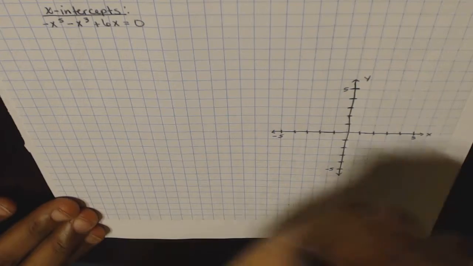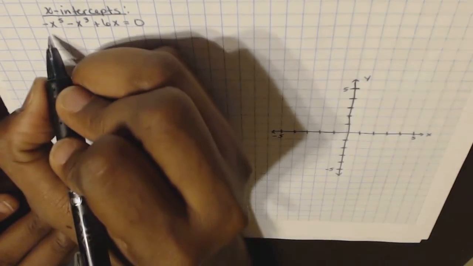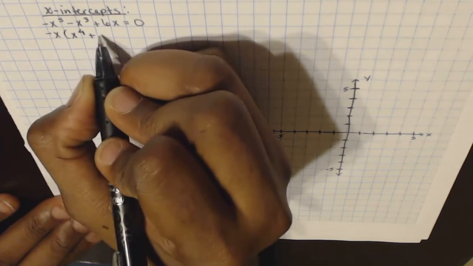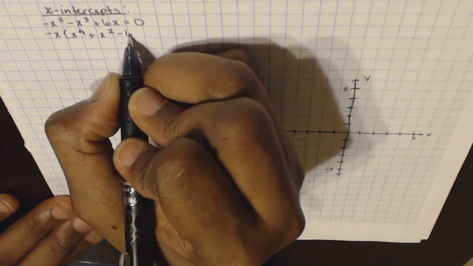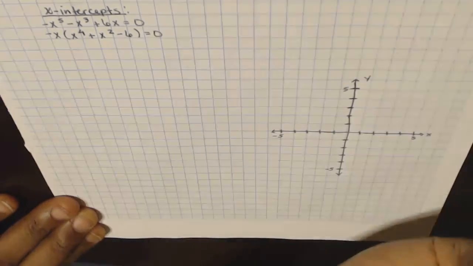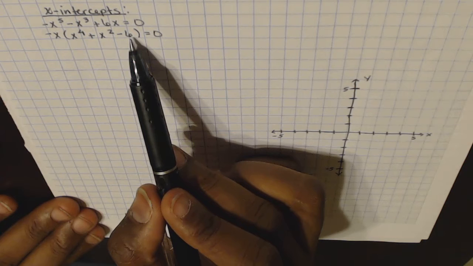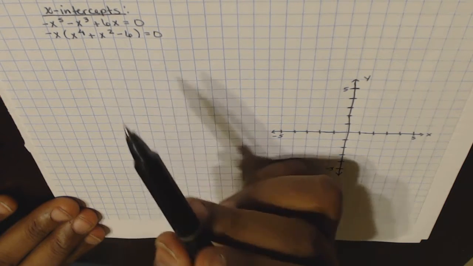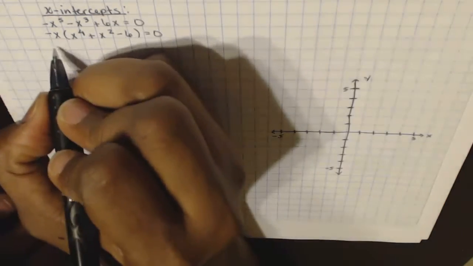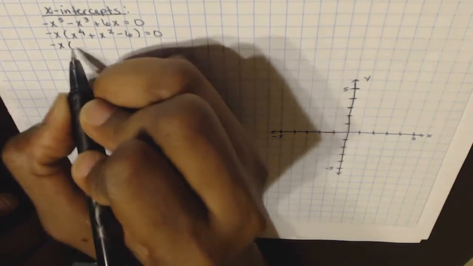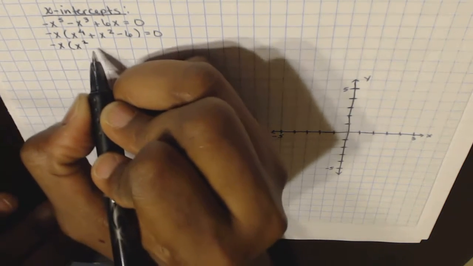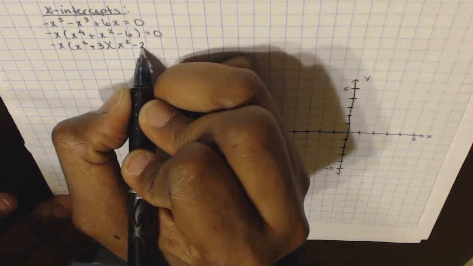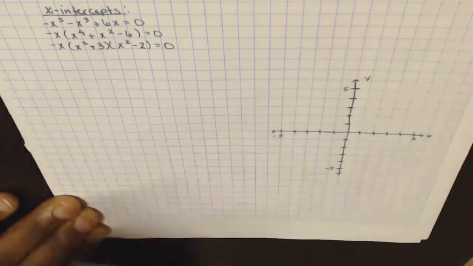I am going to factor out a negative x, leaving me with x to the fourth plus x squared minus 6 is equal to 0. There are factors of 6 that if I subtract leave me with 1. So this is actually a factorable expression.